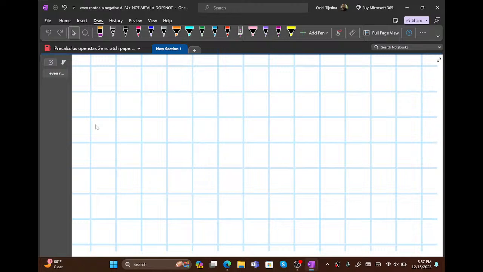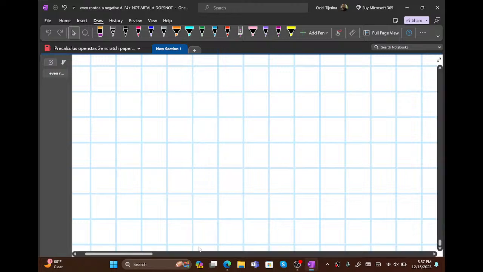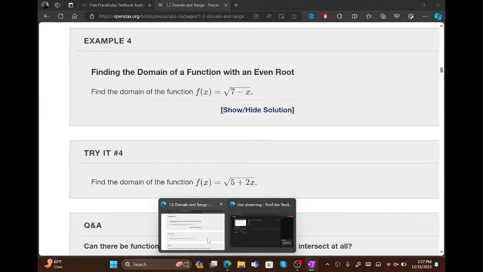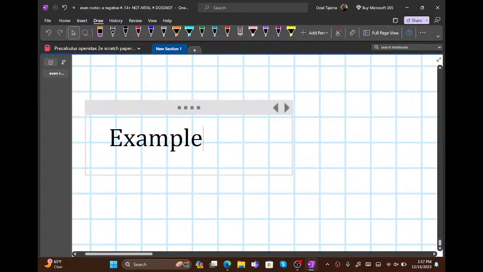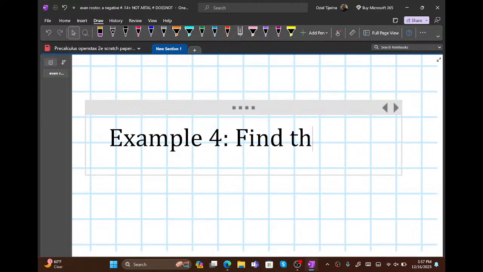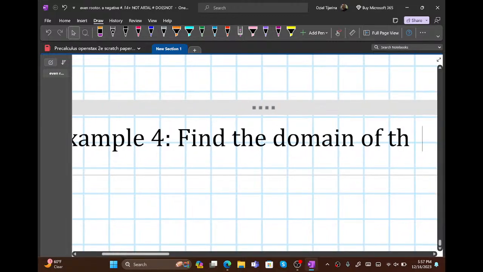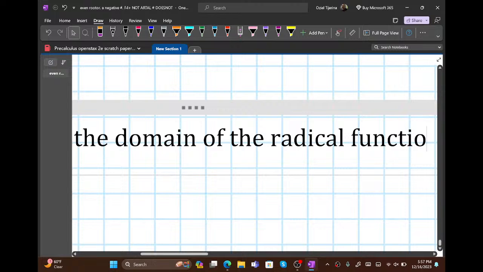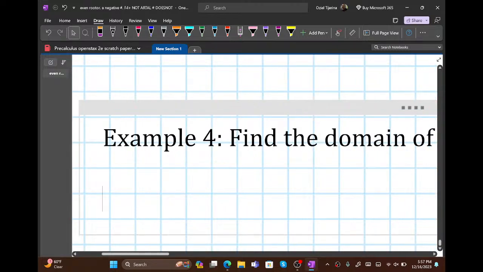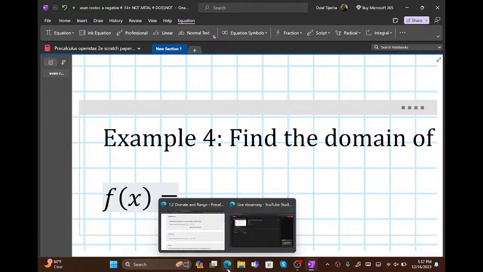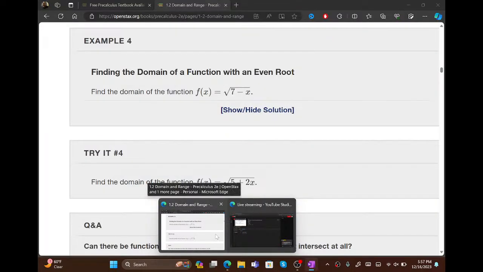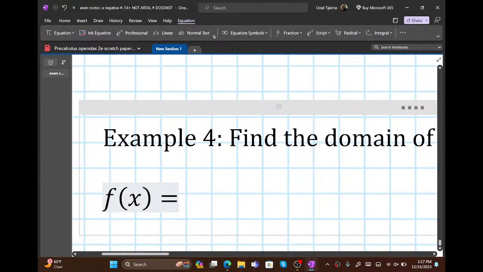So this is example number 4, and it says, find the domain of the radical function. It gives us f of x is equal to the square root of 7 minus x.